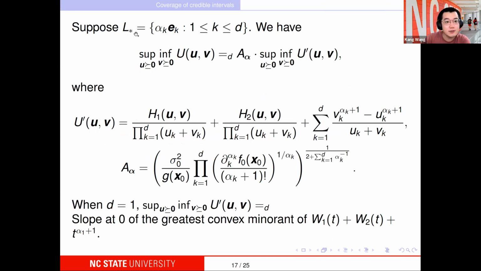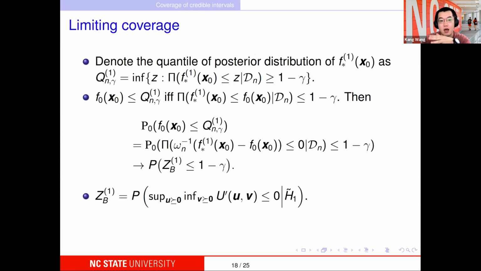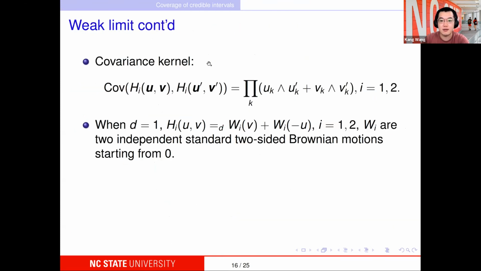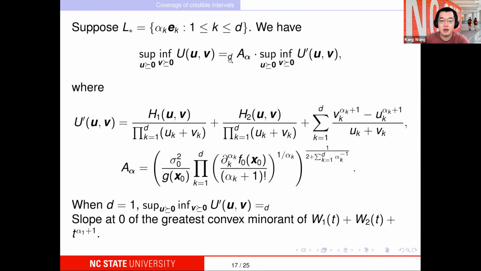And L star is a special index where we only consider alpha k here. Alpha k along E is a unit vector, and this sup functional appearing in the weak limit equals, in distribution, another sup functional, but we can factor out the nuisance parameters like g and all the derivatives of f0.